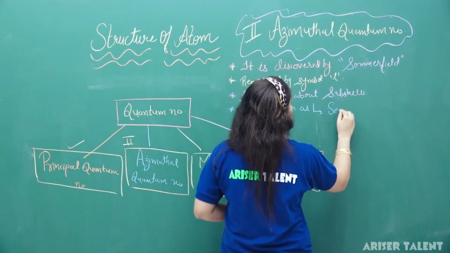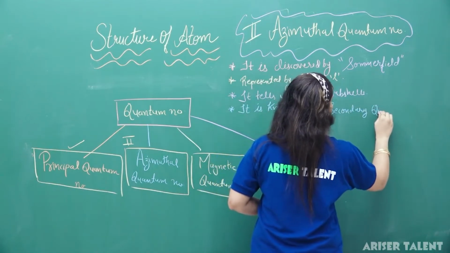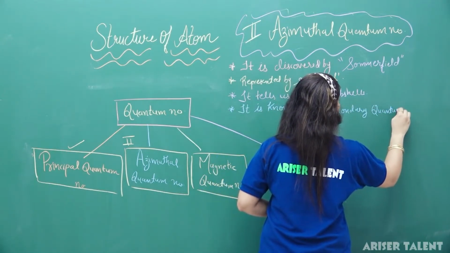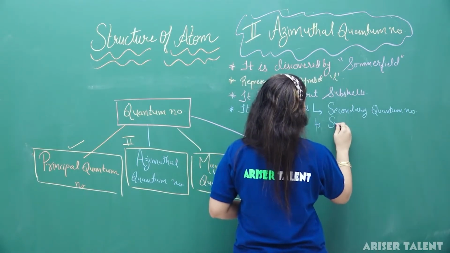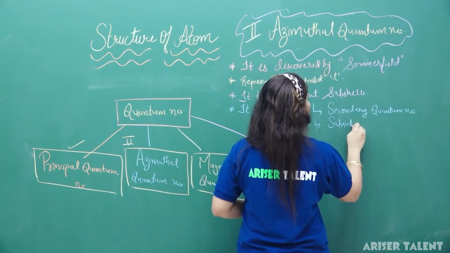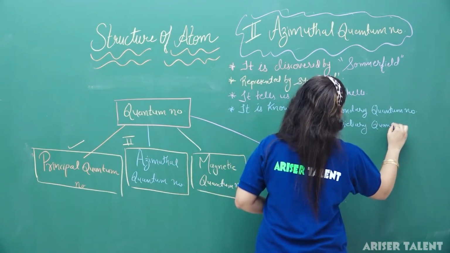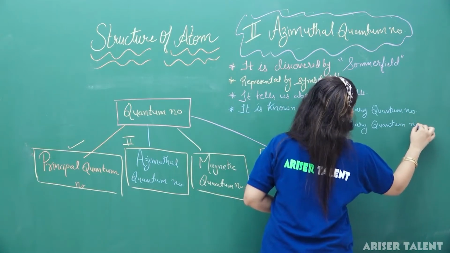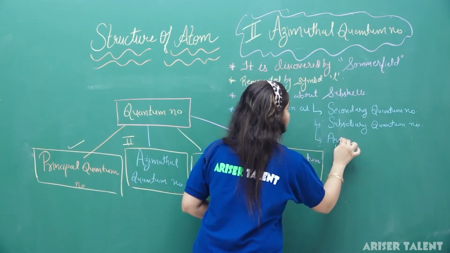First, secondary quantum number, subsidiary quantum number, and the last, angular quantum number.